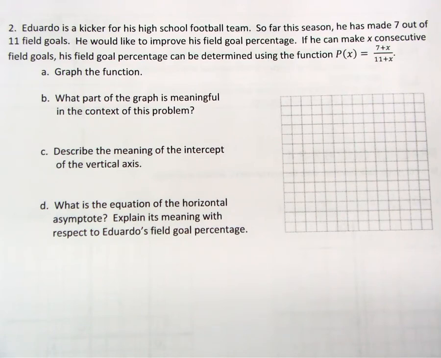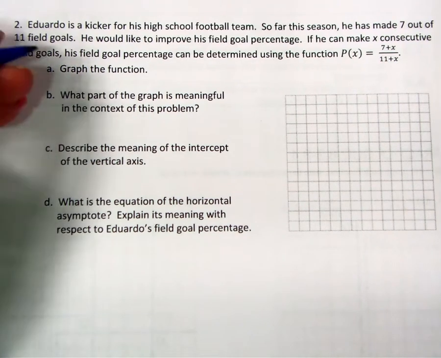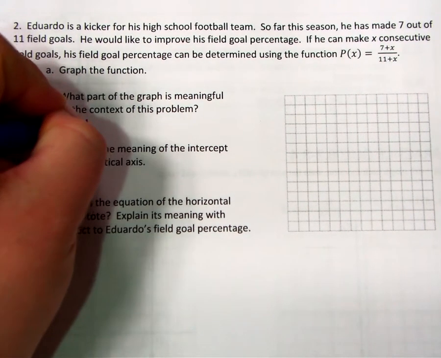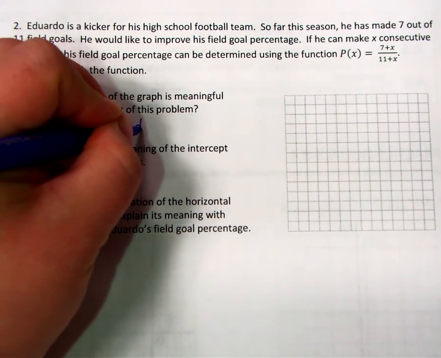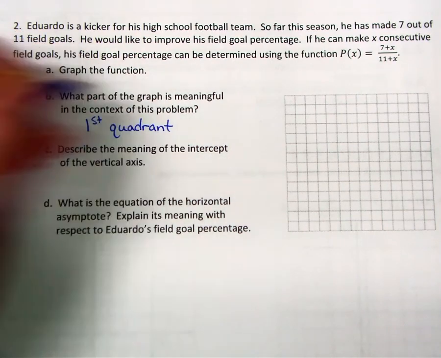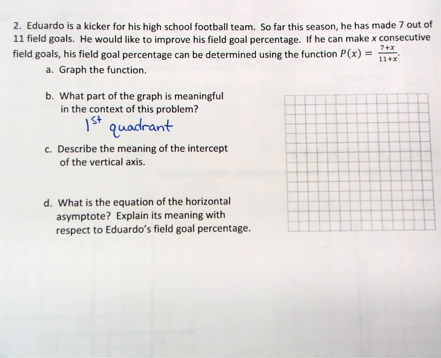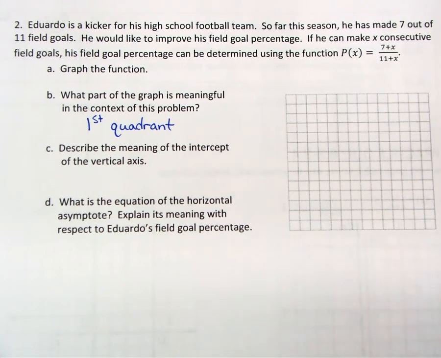And you can't have a negative field goal percentage either. So therefore, the only part that would make sense in the context of this problem is things that are in the first quadrant. So when I graph this, I'm only going to use the first quadrant to graph.